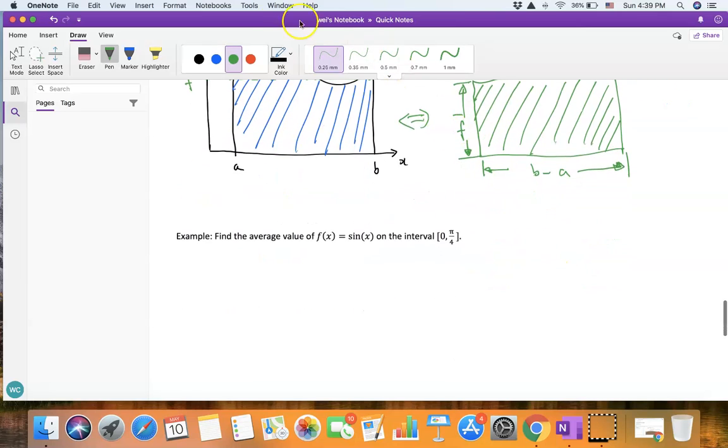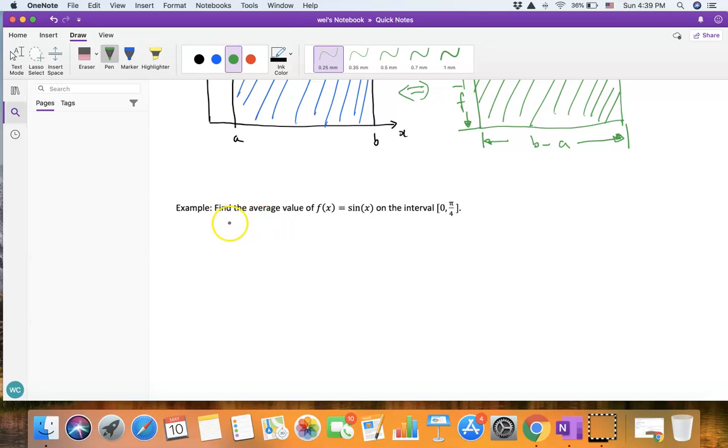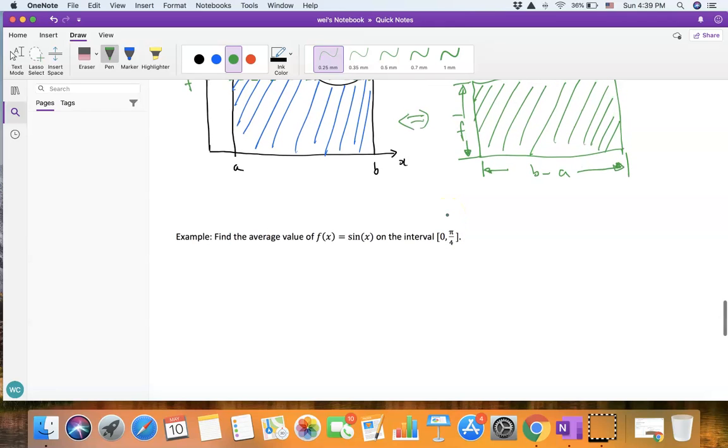Okay. Let's take a look at this example. We want to find the average value of the function f(x) equals sine x on the interval from 0 to pi over 4.